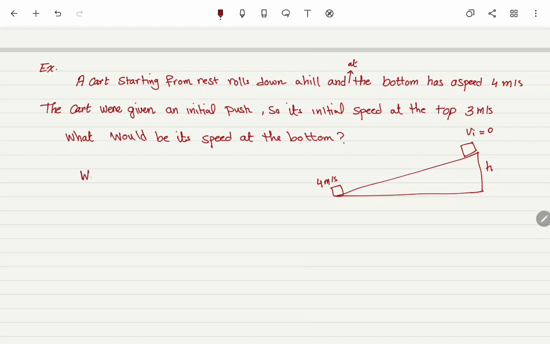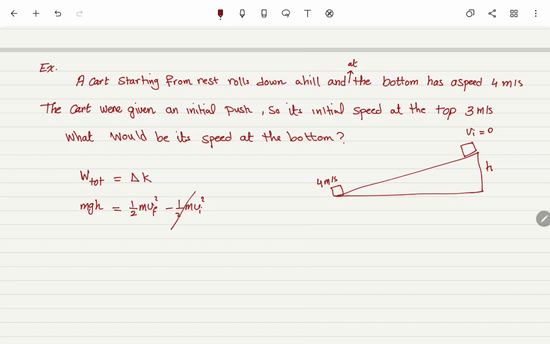So work total equals delta K. Now the only force we have here is the gravitational force, so mgh equals half m v final squared minus half m v initial squared.